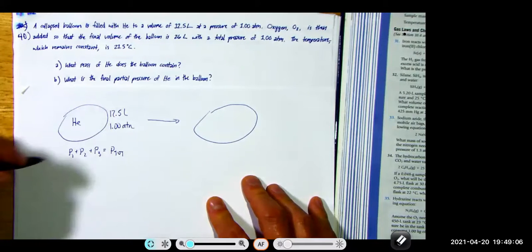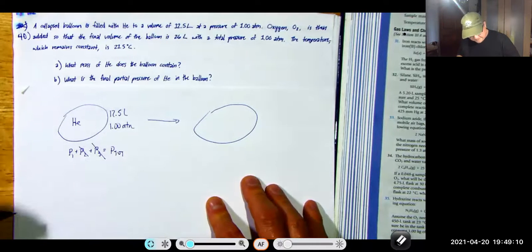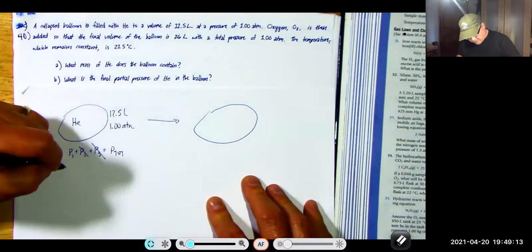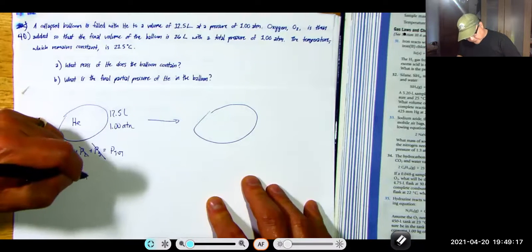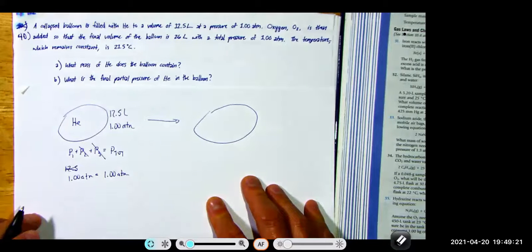But in this case, there's no P2, there's no P3, there's just P1. So you have 1.00 atmospheres equal to 1.00 atmospheres, right? Yeah, I guess what threw me off is it started at 1 and ended at 1.